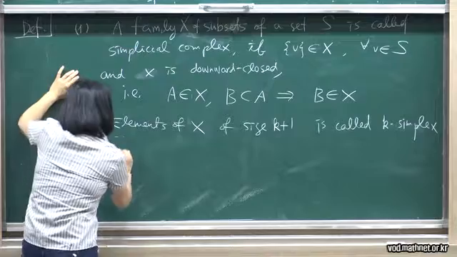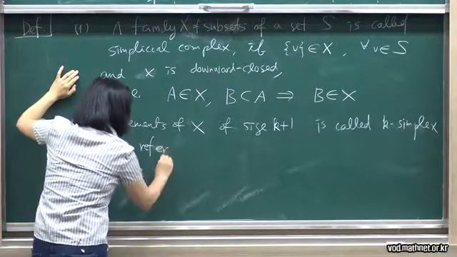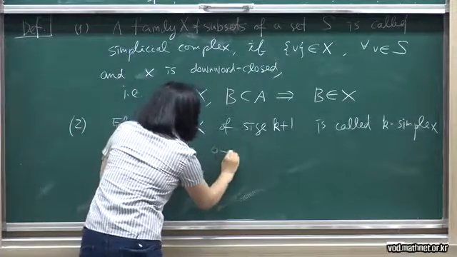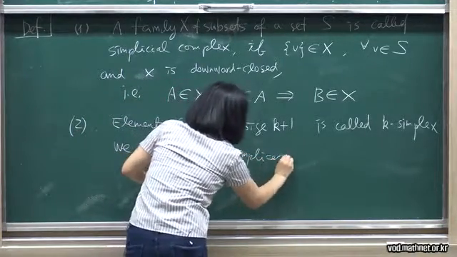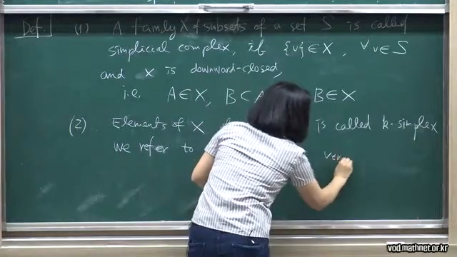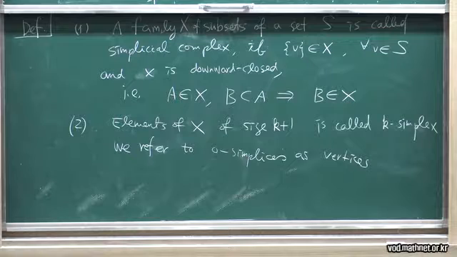So we will refer, not only me, but many people refer to zero simplices as vertices. Zero simplices are those, elements of size 1.